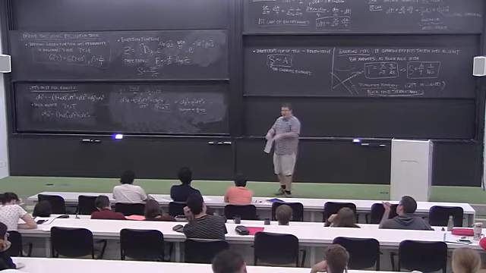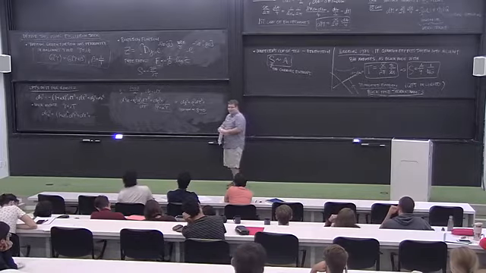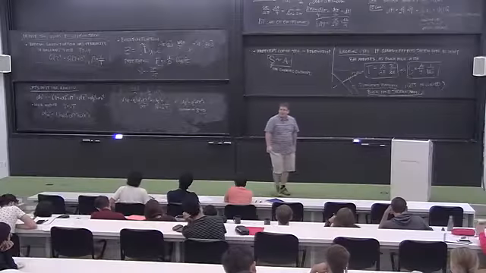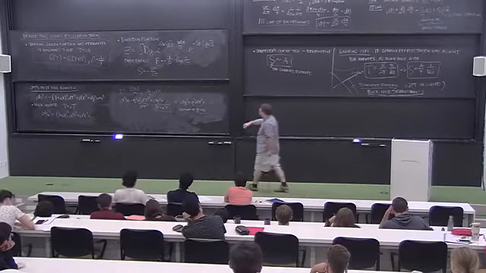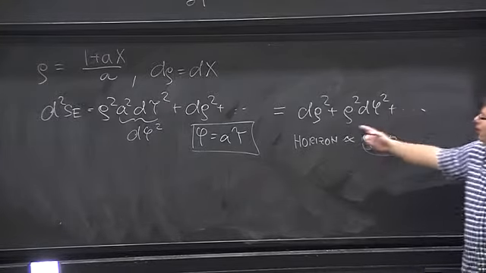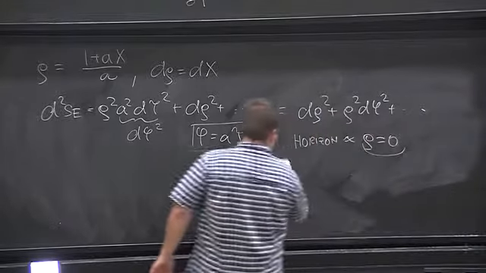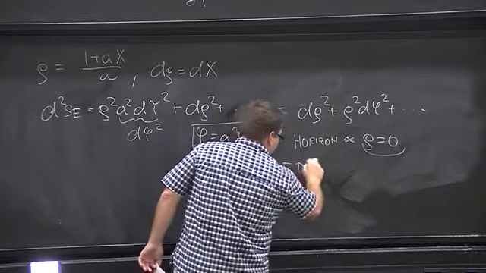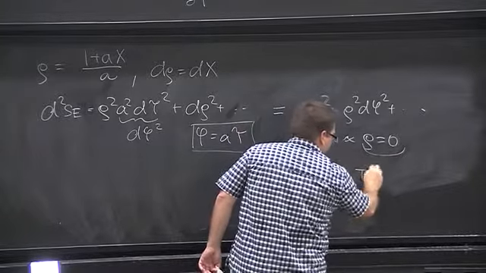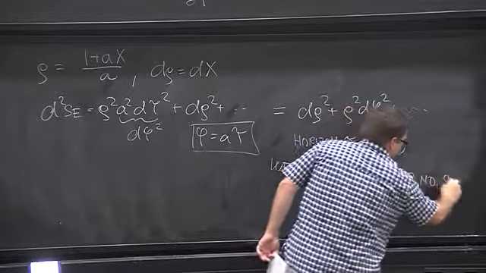So the argument is, if the original spacetime is not singular on the horizon, the Euclidean rotated one cannot be singular on the horizon either. But the horizon here is simply rho equal to 0, so this cannot be singular at rho equal to 0. So we demand that at rho equal to 0, there is no singularity.